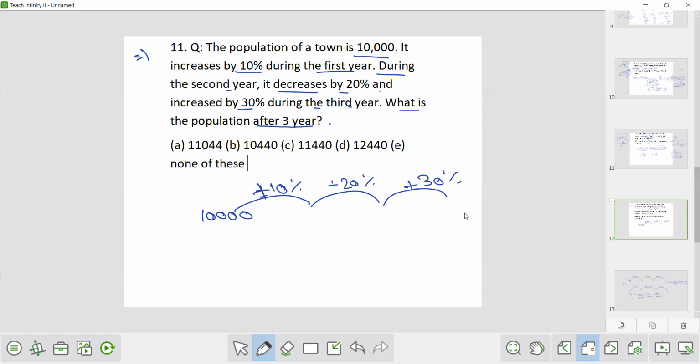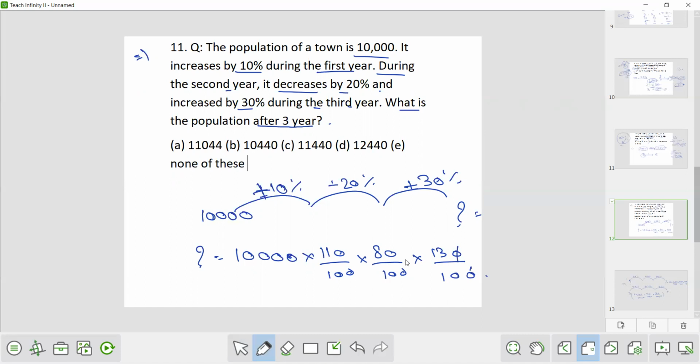You have to find the population after 3 years, that is the final. So initial, 10,000 into 110 by 100, that is 100 plus 10, into 80 by 100, that is 100 minus 20, into 130 by 100, that is 100 plus 30.